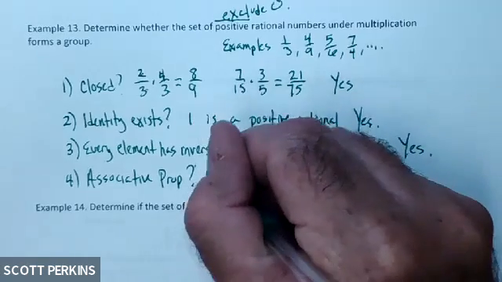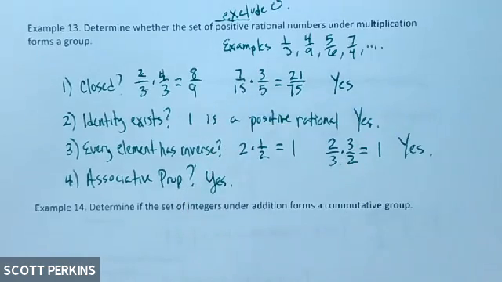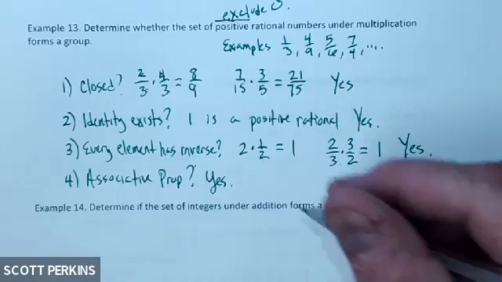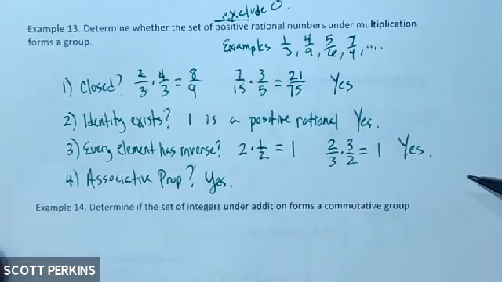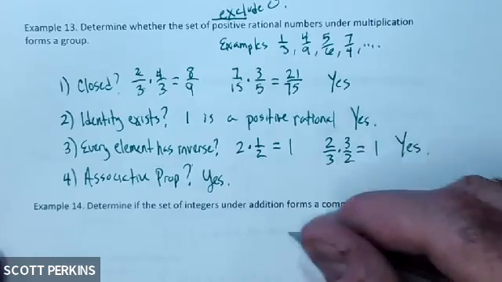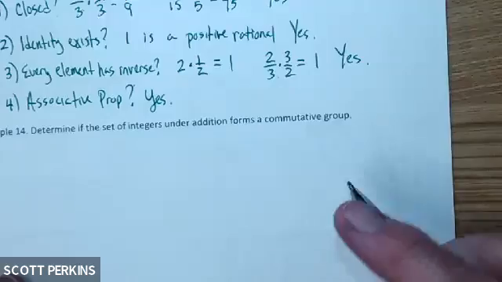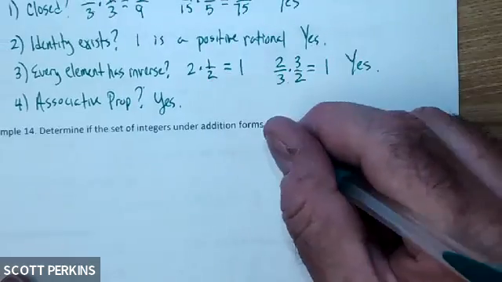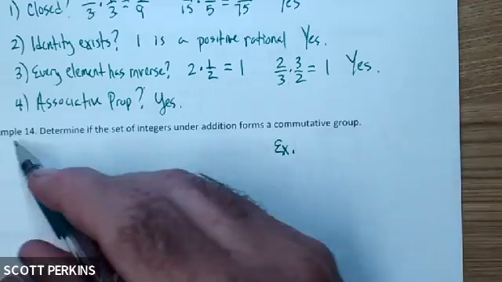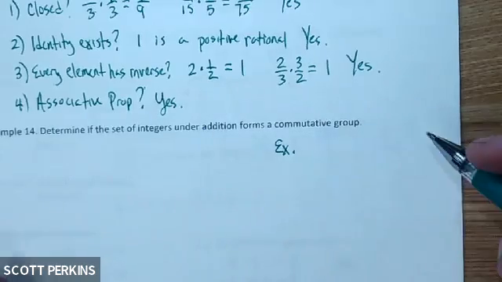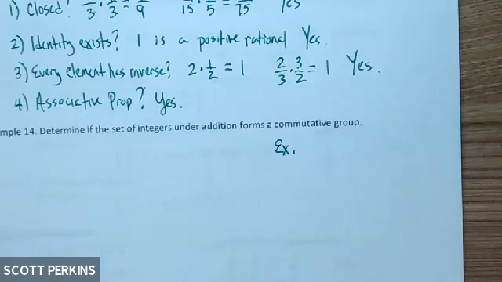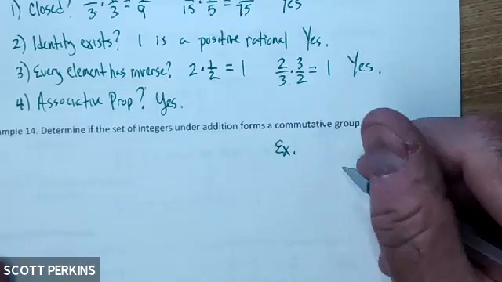So all I want you to do, and if you didn't do this, that's okay, you'll do this on the next problem if we get that far, is just give me an example. I need a little more room because I'm writing very large, so I'm going to continue down here a little bit. Here's my example. This is not part of example 14, this is part of 4. So give me 3 positive fractions.